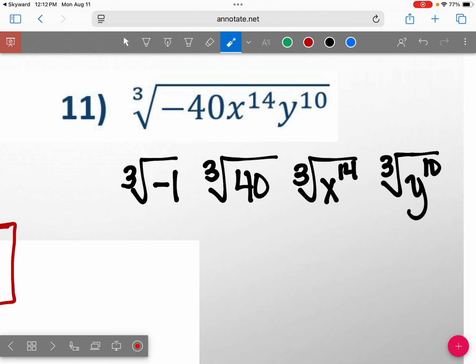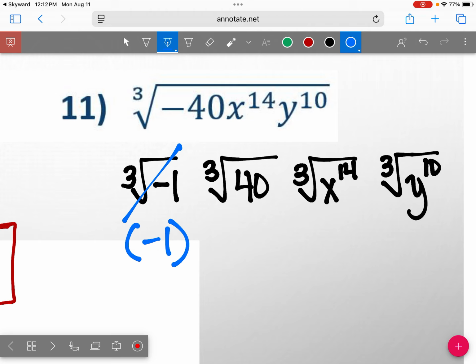So you want to look at this number. If that's an odd number, this 3, okay, this is odd, which means it's going to come out. So this just changes to a -1. Okay, that becomes that. It just comes out.